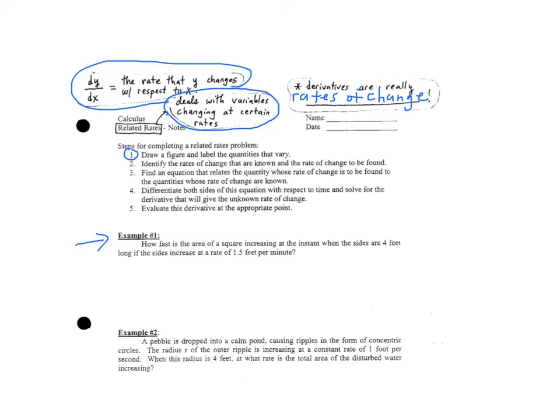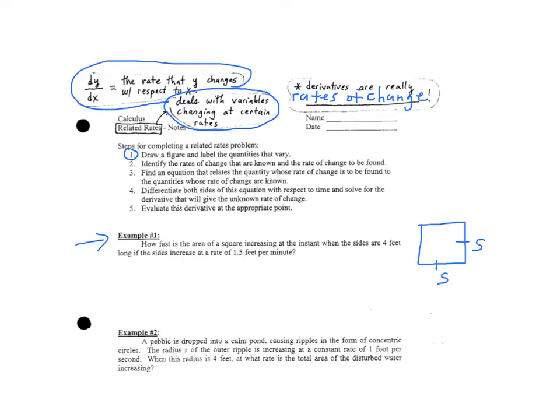So I have my square, and let's suppose we call each side s. Now it says in the problem that the sides are increasing at a rate of 1.5 feet per minute.